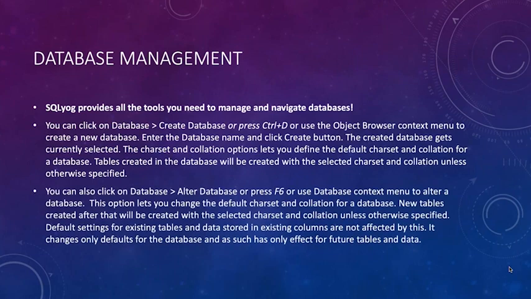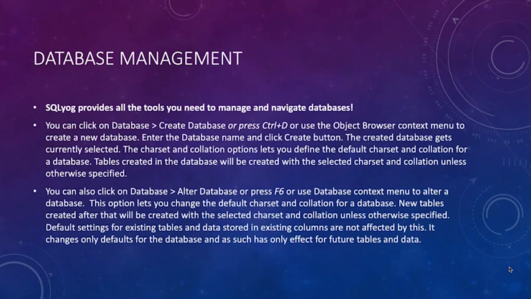Now you can click on Database and go to Alter Database on the menu bar, or you can simply press F6 or use the database context menu to alter a database. This option lets you change the default char set and collation for a database. New tables created after that will be created with the selected char set and collation unless otherwise specified.